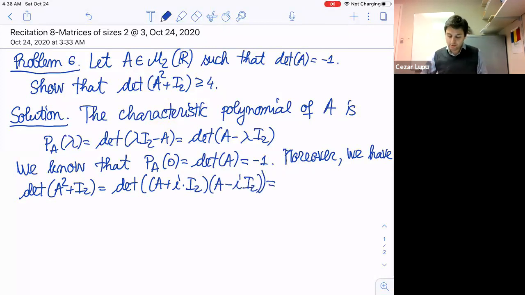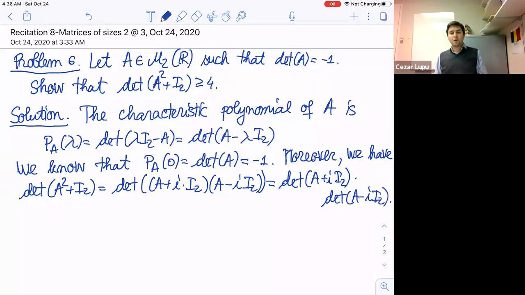We know that the determinant is multiplicative, so this is the determinant of A plus I times the identity, times the determinant of A minus I times the identity. It's quite clear, and this is nothing else than P_A of I times P_A of negative I.